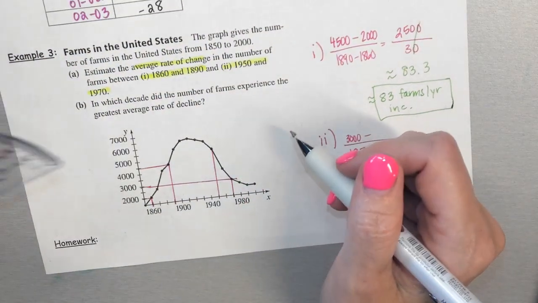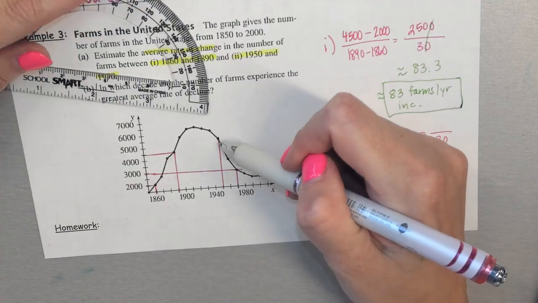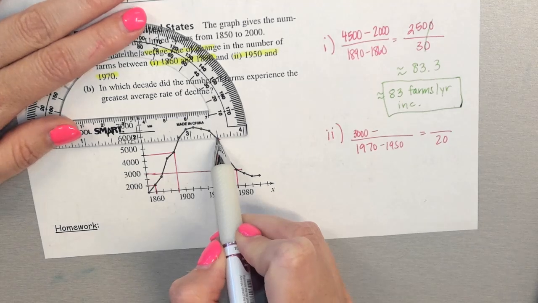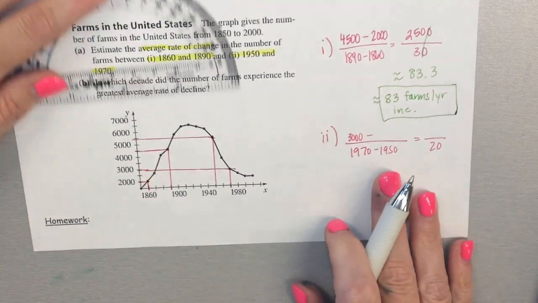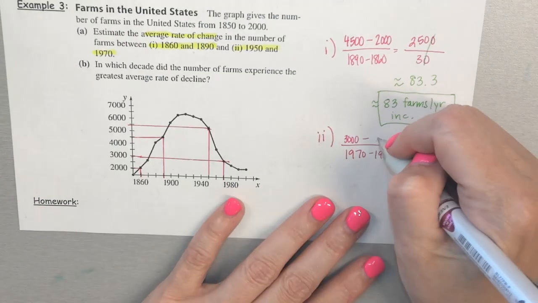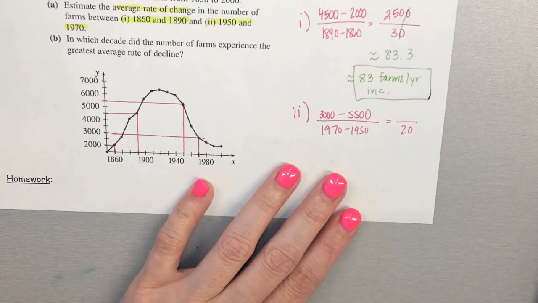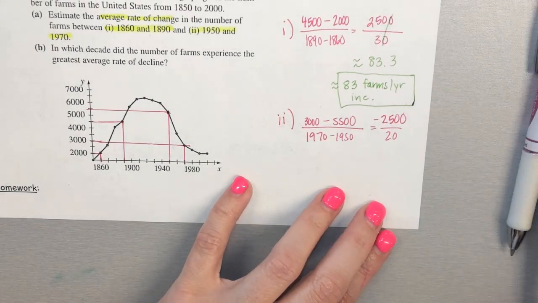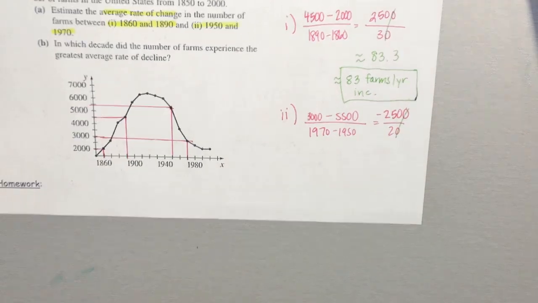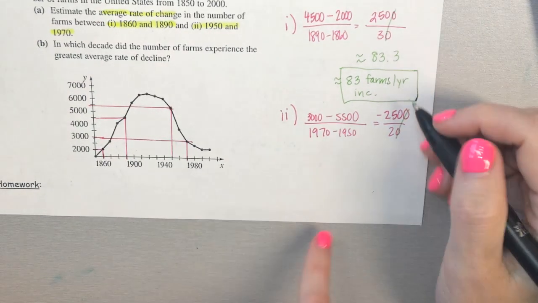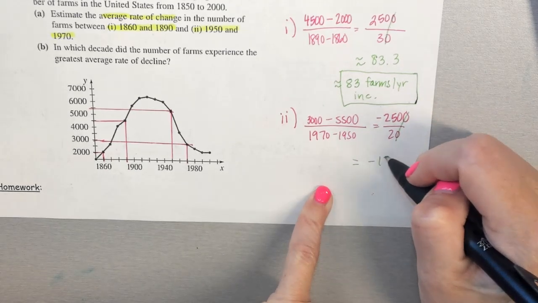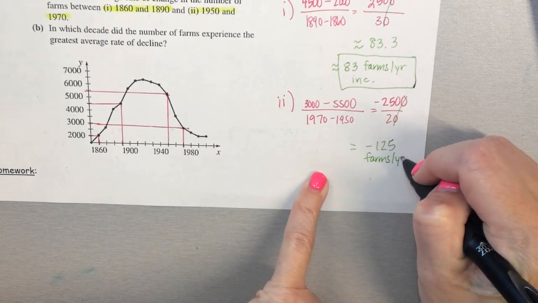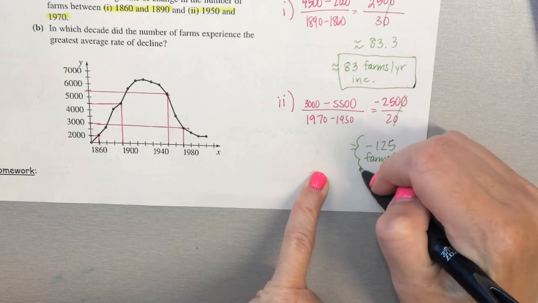I'm just doing this to show you visually what I would be doing. Obviously, when you're doing this in your book, you would find your point and then go across. So you have negative 2,500. You can use your calculator. You can also just divide by 10, then you only have to divide by 2. When you cut that in half, negative 125. So that's our farms per year, and that is a decrease.